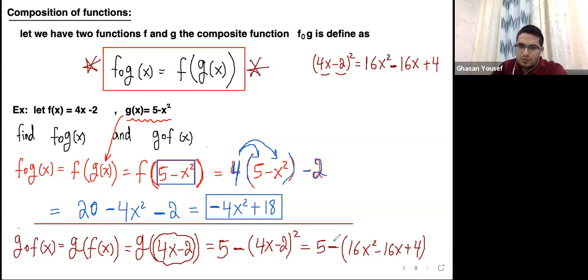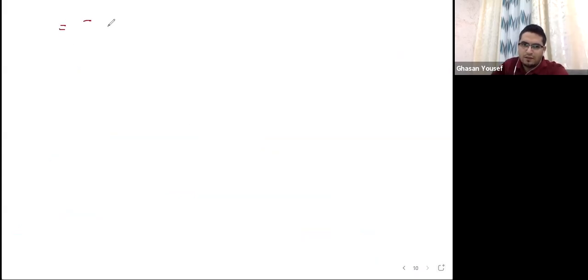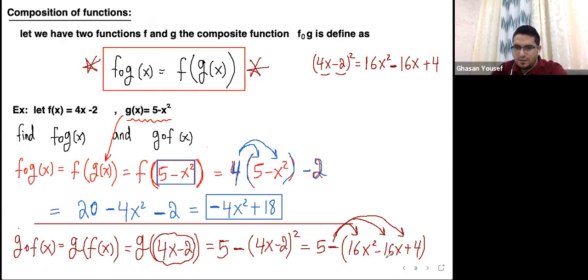Now you have to distribute the minus inside the parentheses. What are you going to get? I will get here equal to 5 minus 16x squared plus 16x, like Eric said, minus 4. Let me check. Minus 16 plus 16 minus 4.